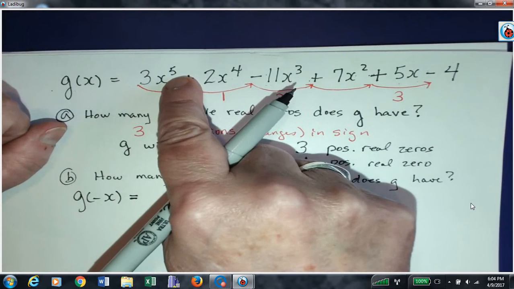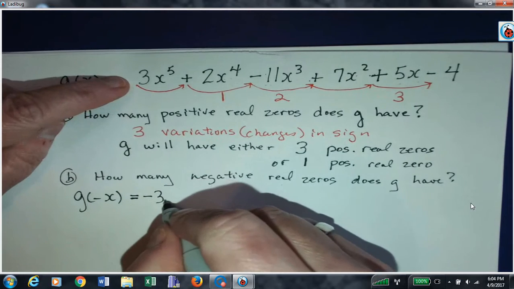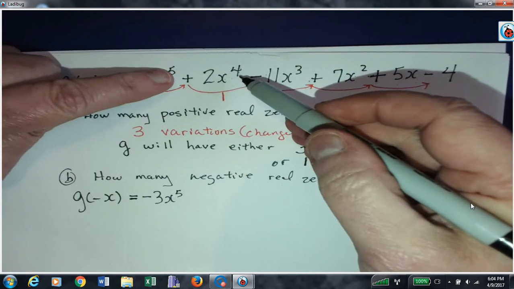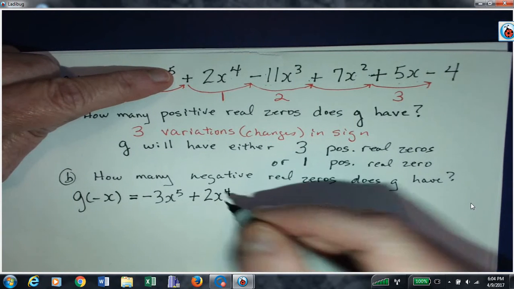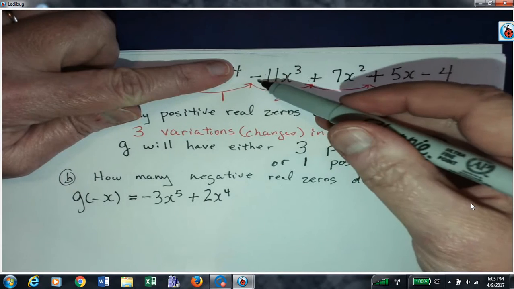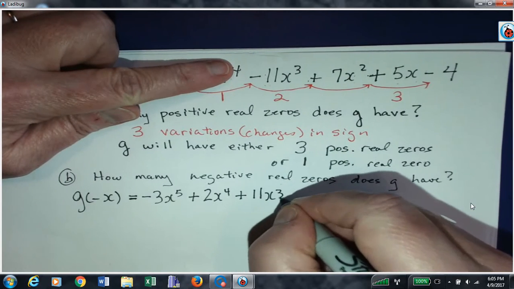The power is odd. The sign will change. The power is even. Everything stays the same. The power is odd, so this sign will change.